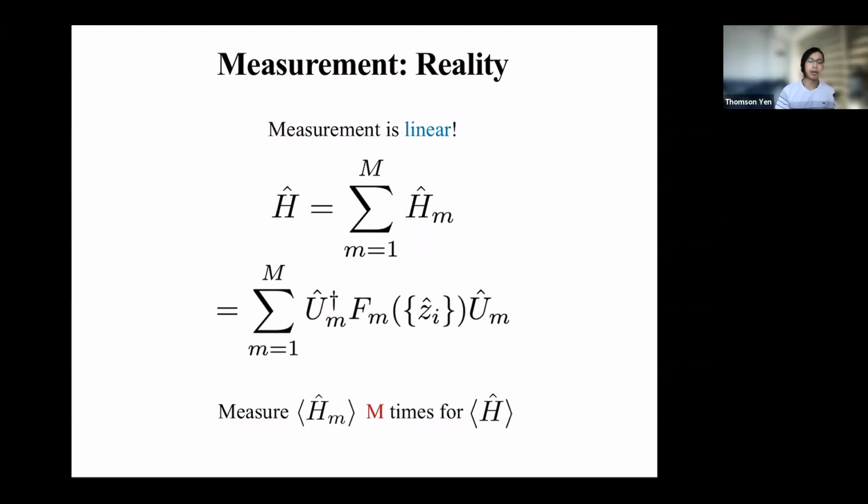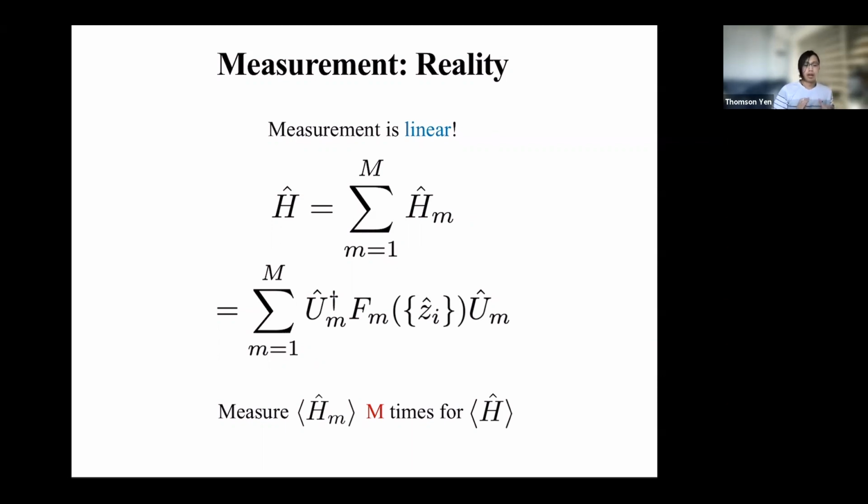And for these type of operators, you will be able to figure out what kind of unitary you want to apply on a computer and what kind of function Z operator you will measure at the end. The second thing you want to figure out is that once you've defined the form of H_m, you still need to figure out, given the Hamiltonian, how do you separate it into a linear combination of measurable parts.